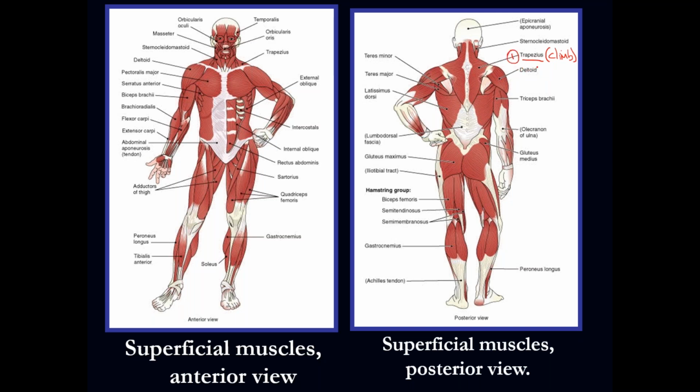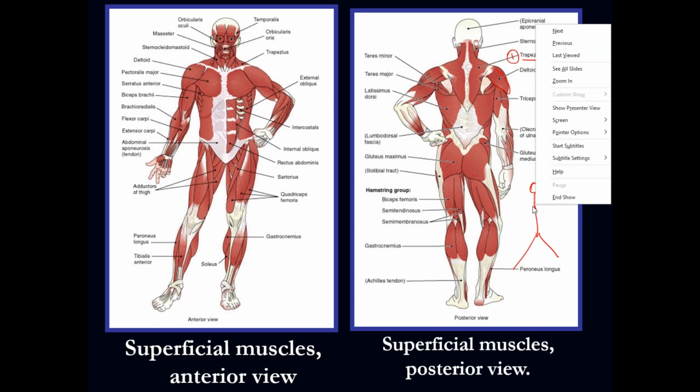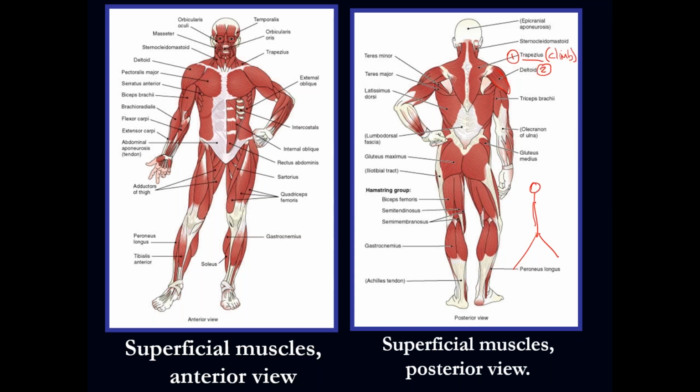Number two, I want you to remember the deltoid muscle. What happens if I contract this muscle? I'm going to lateralize my arm. So I'm standing up in this position, and my arms are like this first, and then I'm going to elevate my arms like this. That means that you're using your deltoid muscle.